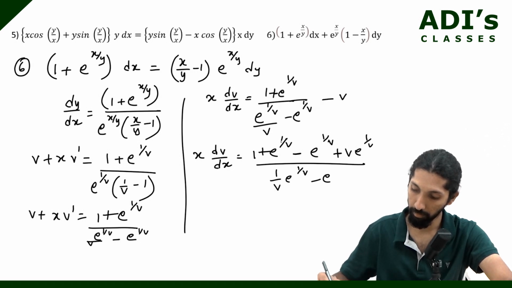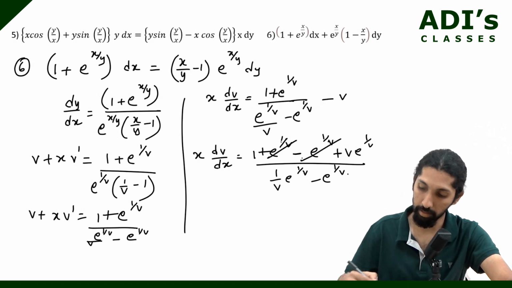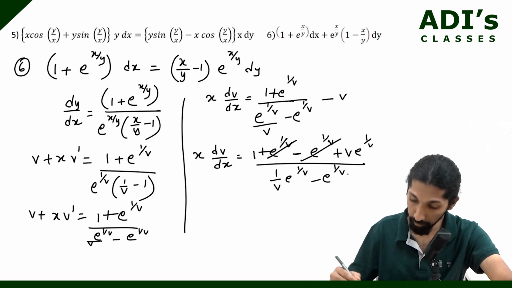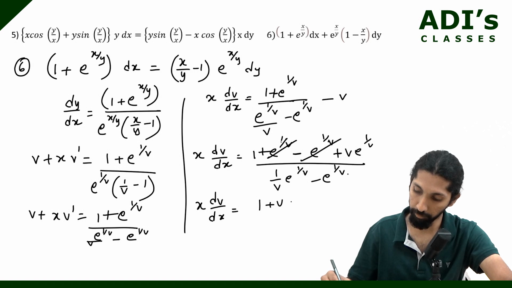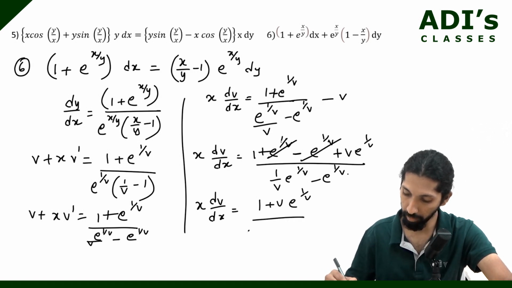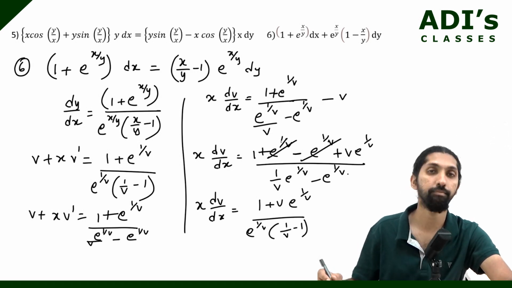That cancels out, correct? So x into dv by dx equals 1 plus v into e power 1 by v by e power 1 by v into 1 by v minus 1. Now, variable separable method we have already reached.